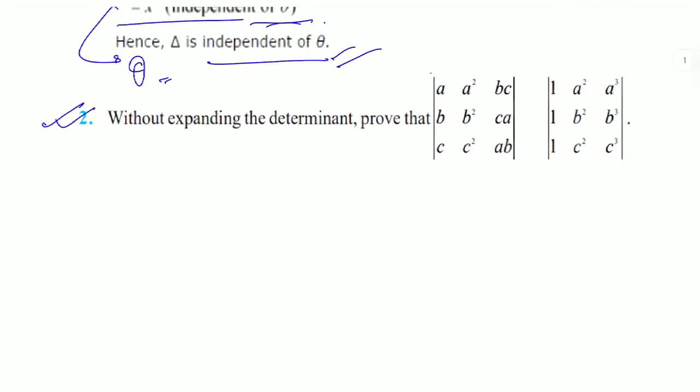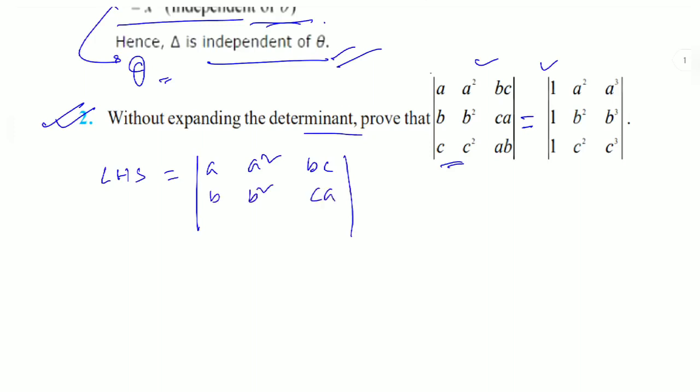It says that without expanding the determinant, we have to prove that these two determinants are equal to each other. Let's say the LHS has the entries a square, bc, b square, ca, c square and ab.